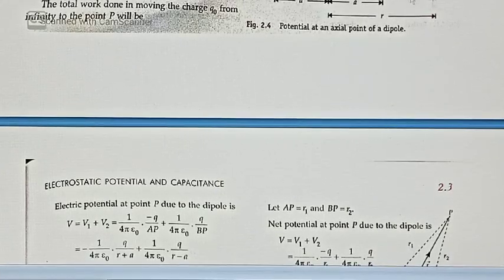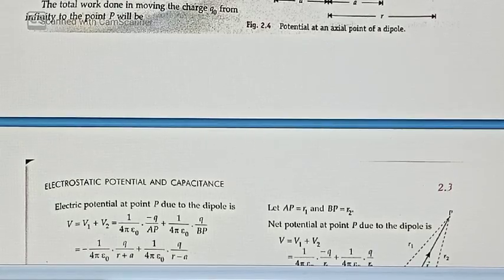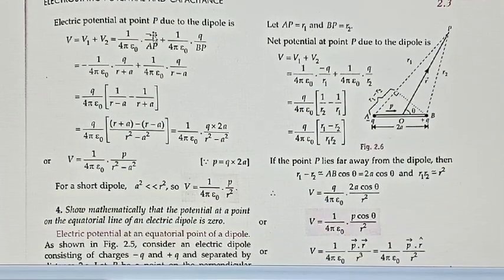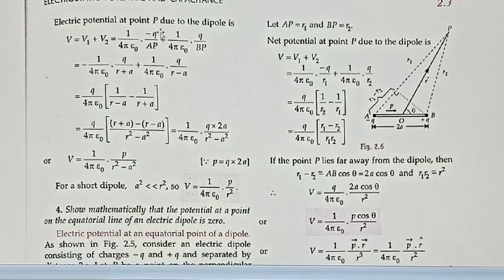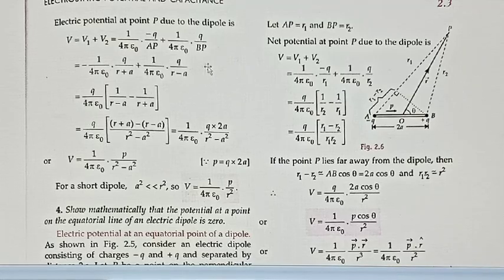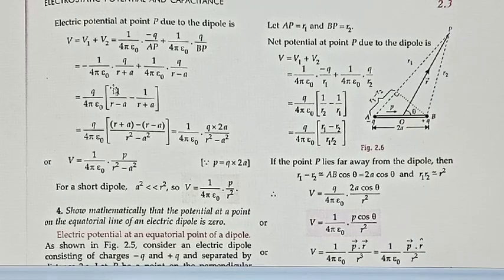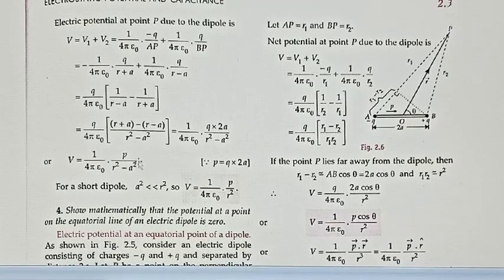It is R minus A. So one is R plus A and the other is R minus A. So you can see minus 1 by 4 pi epsilon Q by AP plus 1 by 4 pi epsilon Q by BP. Using V is equal to 1 by 4 pi epsilon naught Q by R, finally you get this.